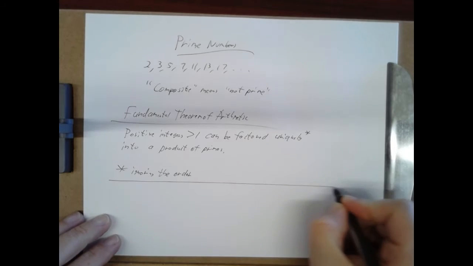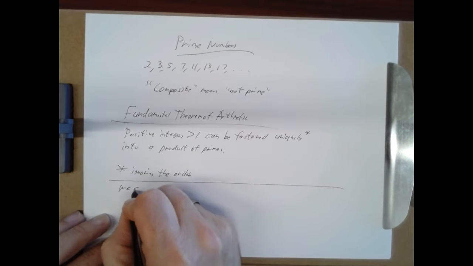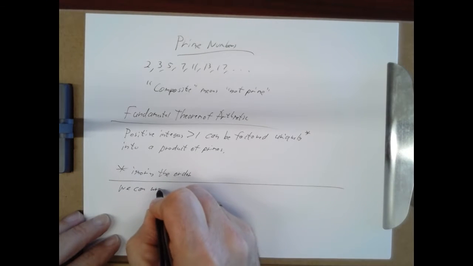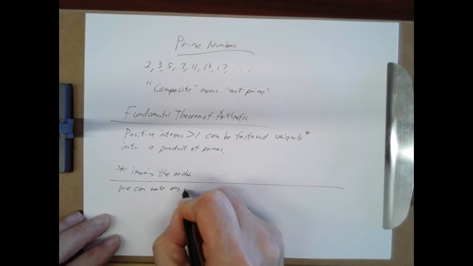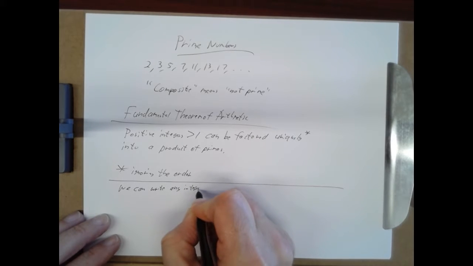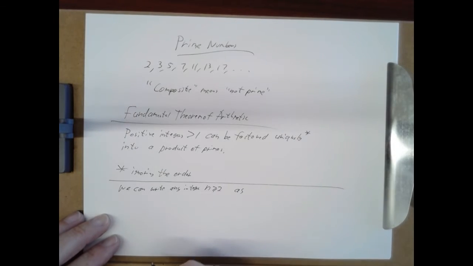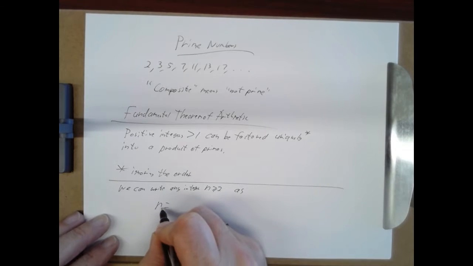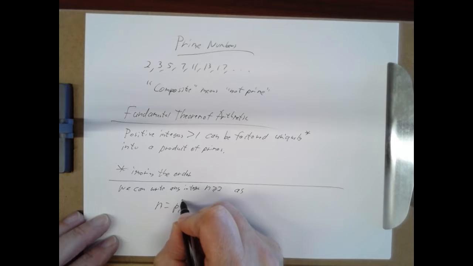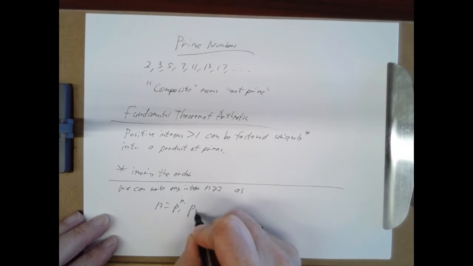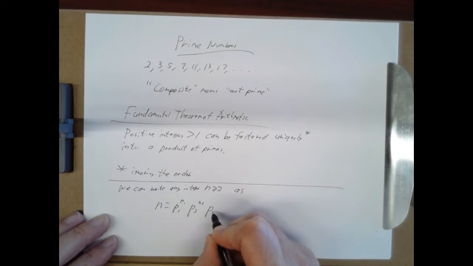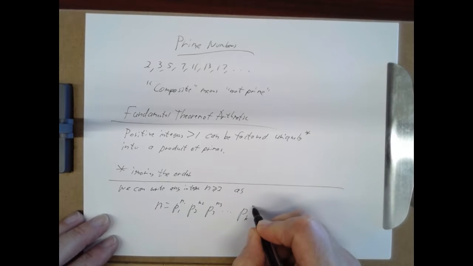So this means we can write any integer n, greater than or equal to 2, as n equals some first prime raised to some power times some second prime to some power times some third prime to some power times some kth prime to some kth power.